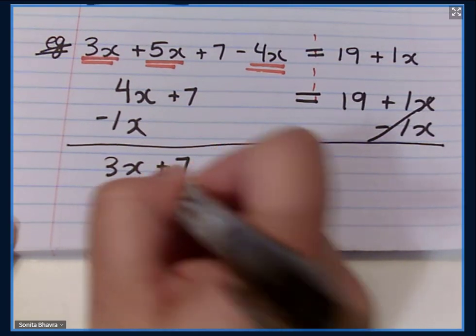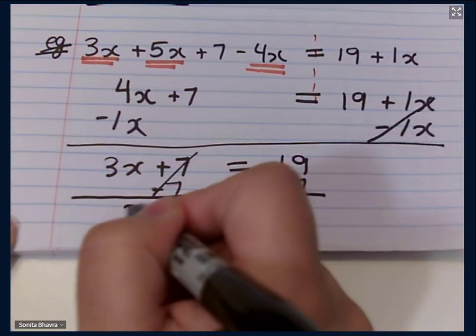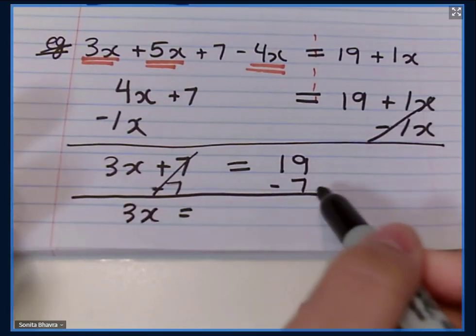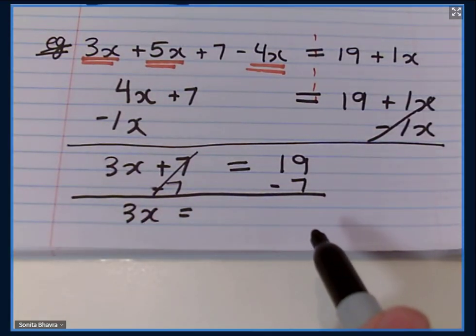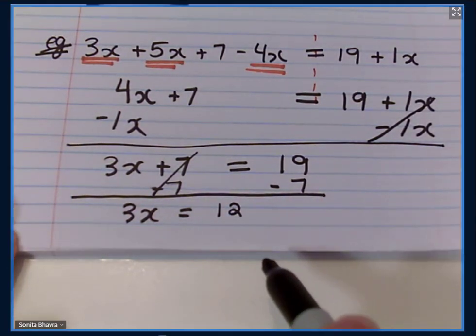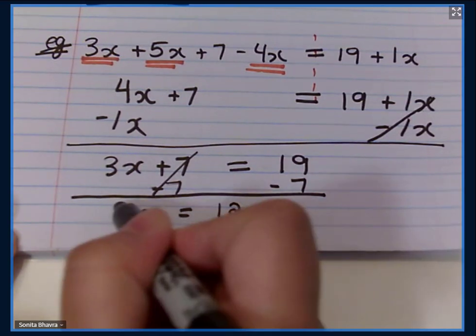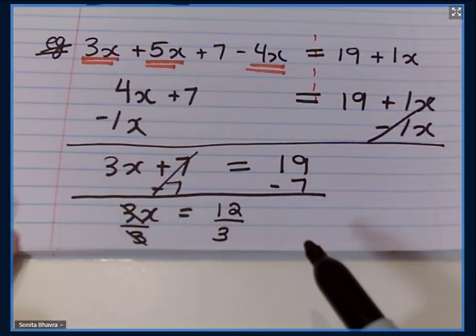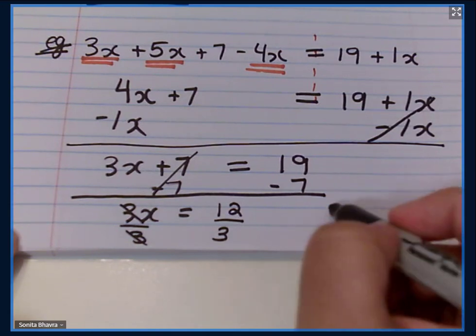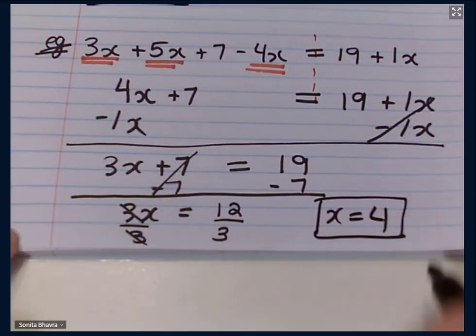Subtract the 7, subtract the 7. 3x is equal to 19 minus 7, which is 12. Now I just have to divide by 3 on both sides. 12 divided by 3 is 4. So x is equal to 4.